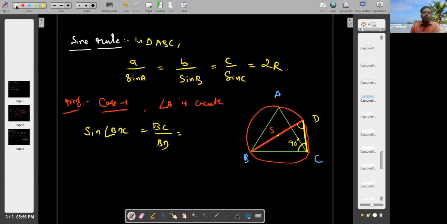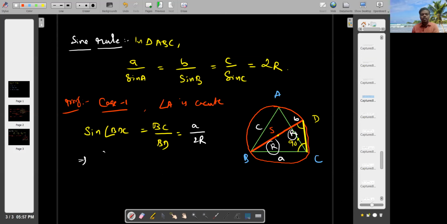So in this concept, we are taking the lengths of the sides of a triangle as small a, small b, small c units. And we know that this is circumradius, denoted by capital R. Then BC is a by BD is R plus R is 2R.